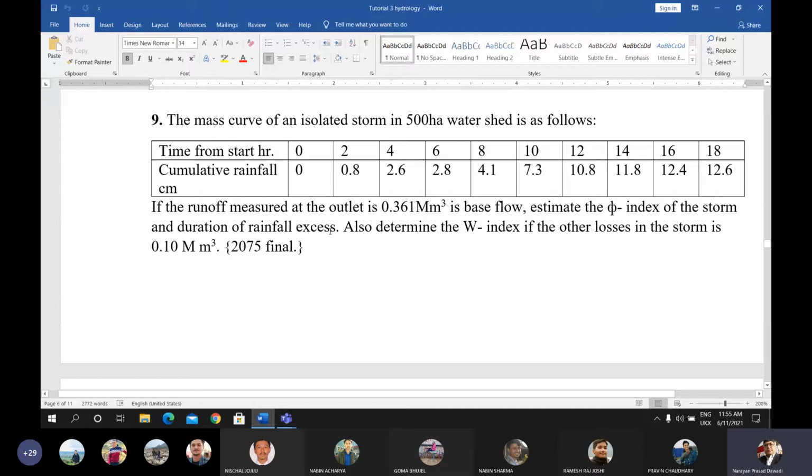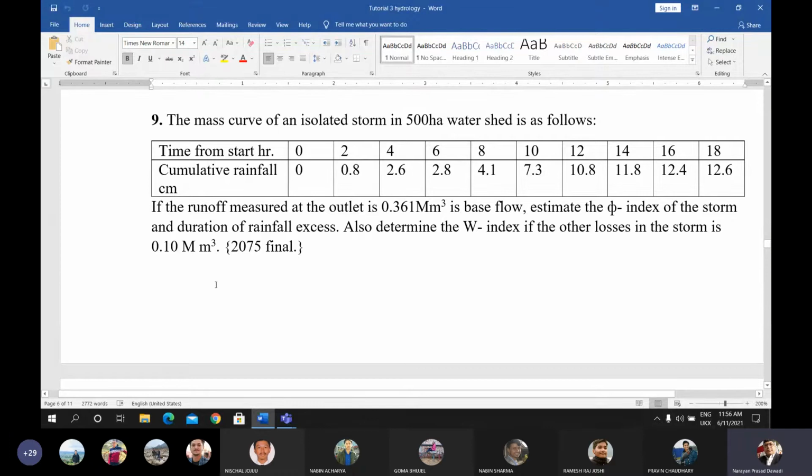What will be the duration of the excess rainfall? That is TE, the time of excess rainfall. Also determine the W index if the other losses in the storm are 0.10 million cubic meter, meaning the initial losses.